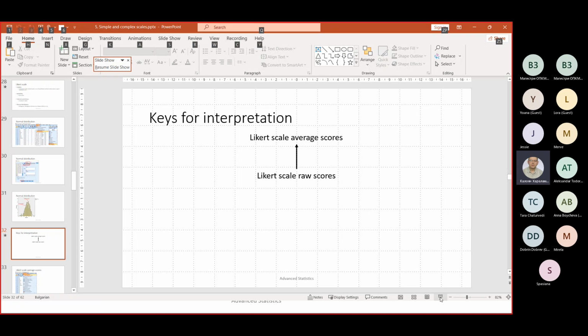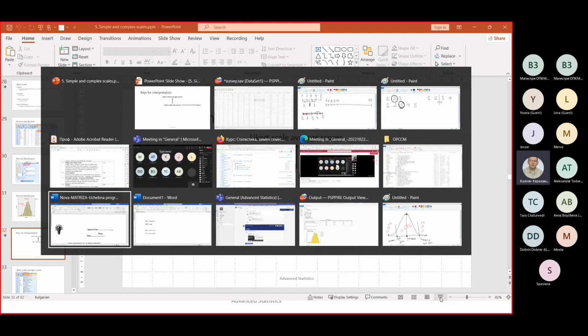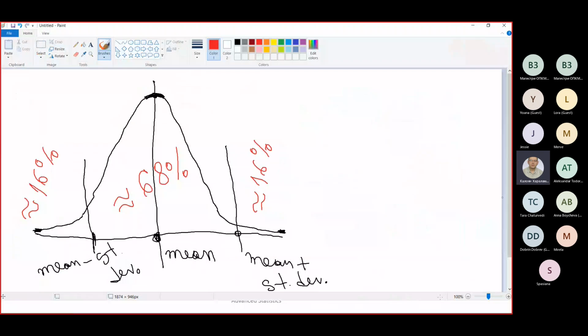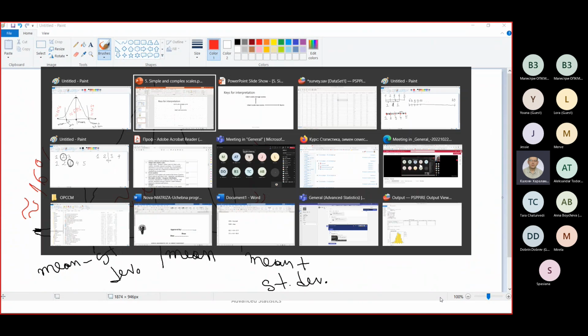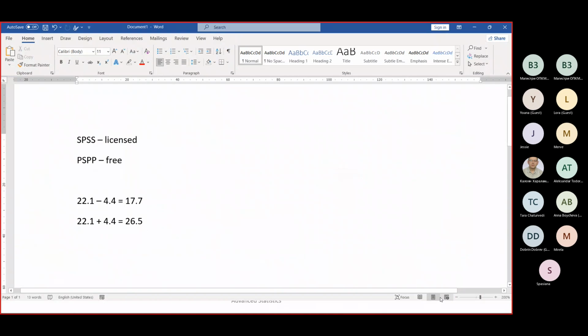We already defined the norm, using normal distribution, and here in the Word file we calculated these borders.